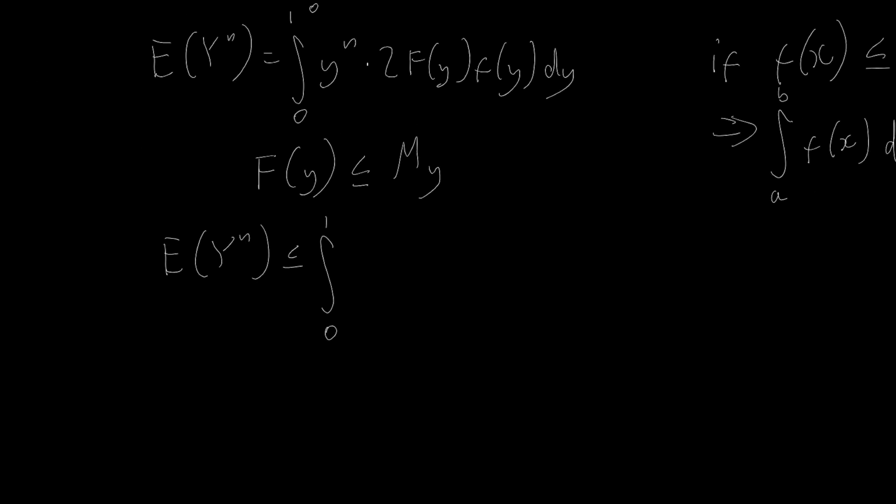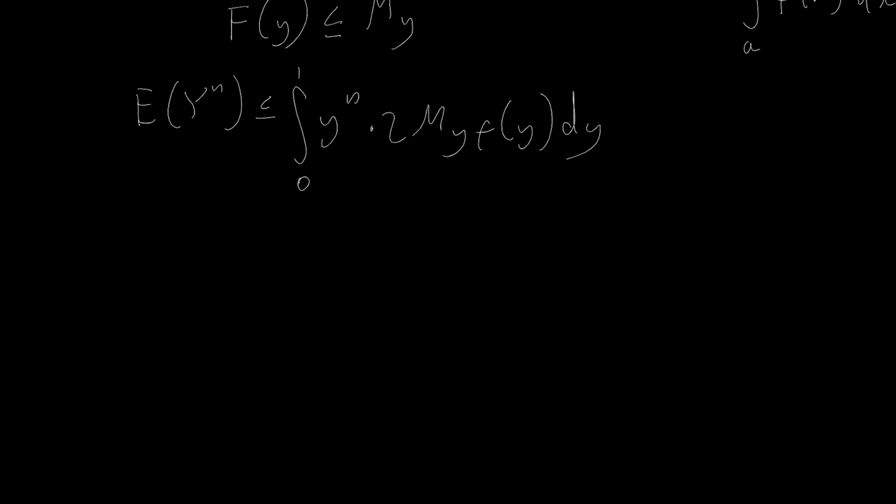So now we can confidently say that this integral is less than or equal to, and we replace F of y with my, so we have 2my f of y dy. Okay, we can shuffle this about. We can take out the 2m. We have 2m times the integral between 0 and 1, and now we've got a y times y, sorry, y to the n times y.